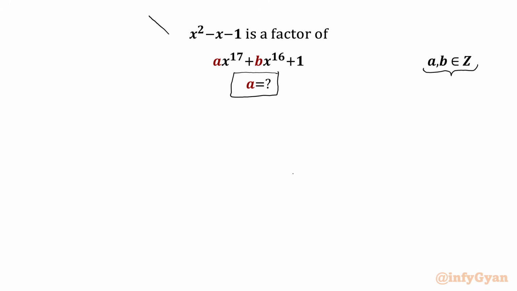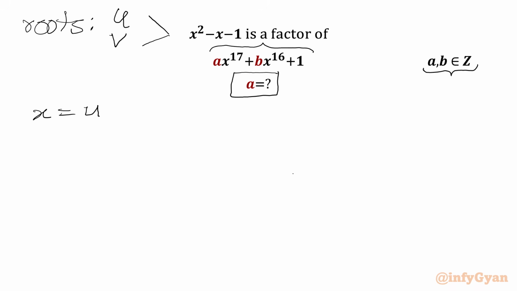Let us assume u and v are the roots of the quadratic expression x² − x − 1. So u and v will satisfy this degree 17 expression also. So I will put x equal to u here.